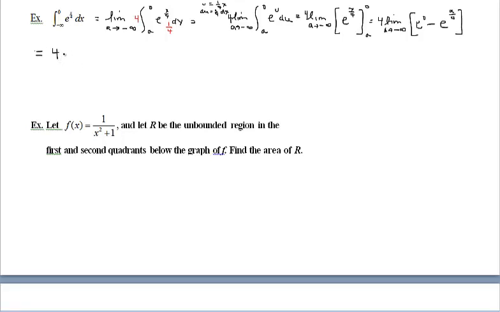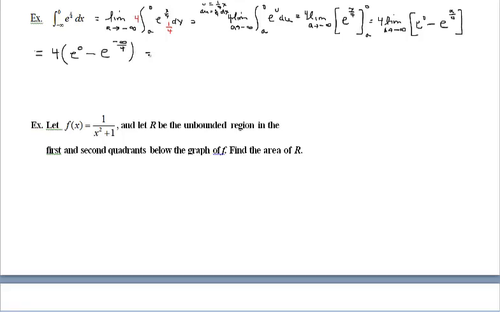This is going to be 4 times, I'm going to lose the limit here, because I am going to plug in negative infinity for a. So e to the 0, which again will be 1, minus e to the negative 1/4 infinity.